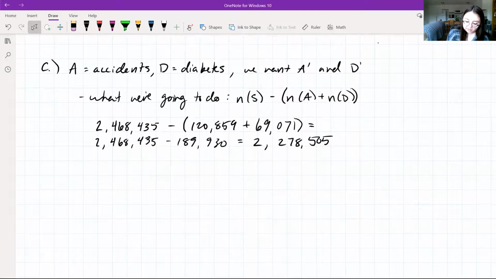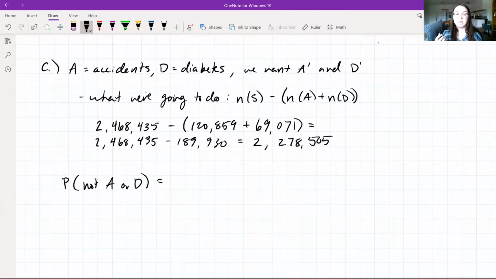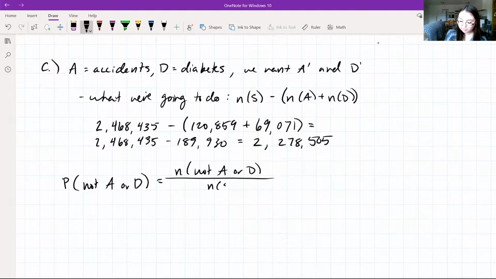So what we want is our probability that it's not A or D, capital D. So this is going to be equal to the number of elements that are not A or D divided by our sample size.